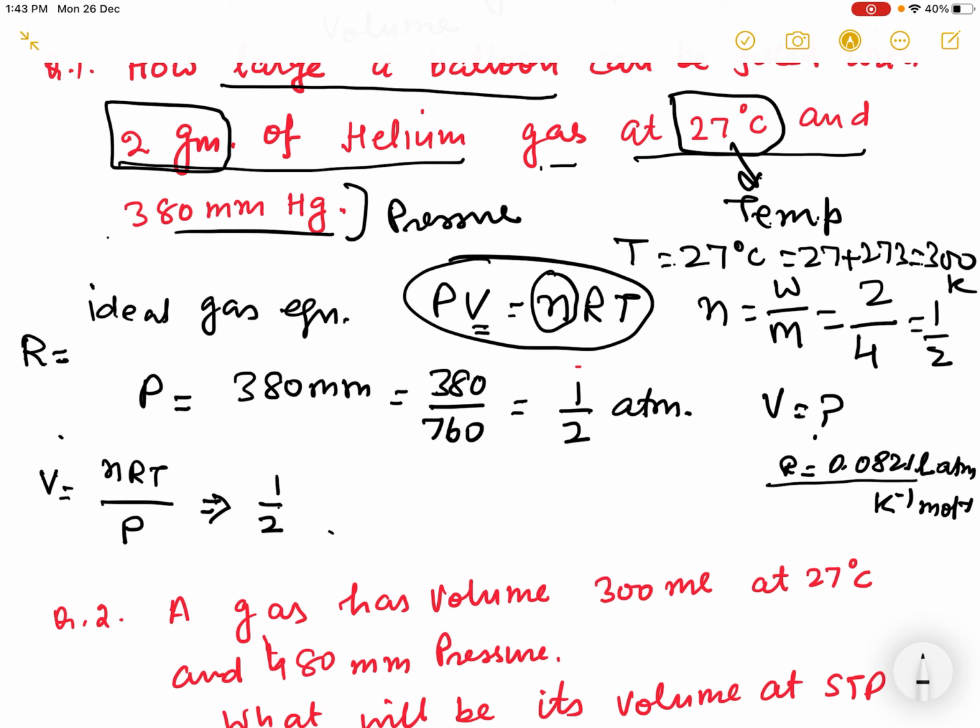So the value of R is taken as 0.082 and temperature is 300 Kelvin, divided by P, pressure is 1 by 2.